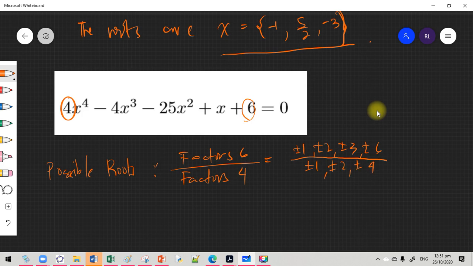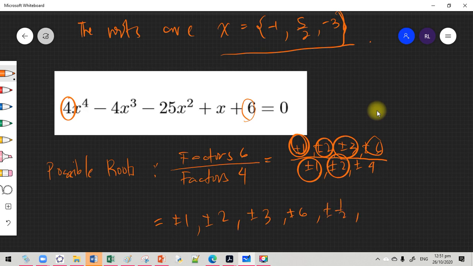Okay, listing that down, we'll have plus minus 1 for this and that, then this and that will give us plus minus 2, then this and that will give us plus minus 3, this and 1 will give us plus minus 6, then this and this will give us plus minus 1/2.